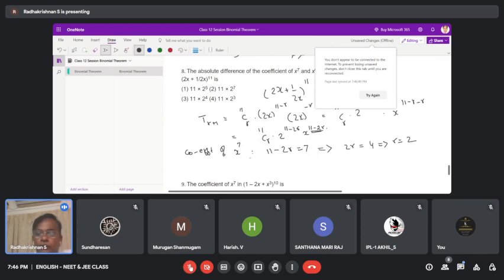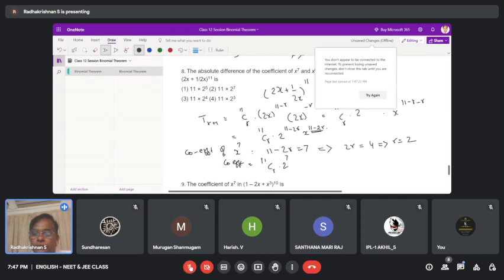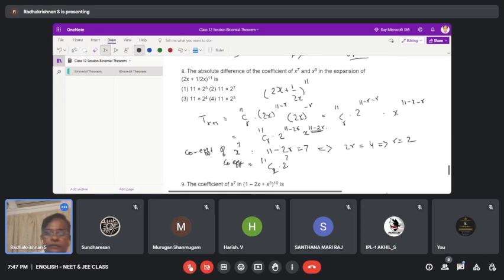And what is the coefficient? 11Cr 2 power 11 minus 2r, which is 2 power 7. We can put 11C2. 11C2 2 power 7. So this is your coefficient of x power 7.